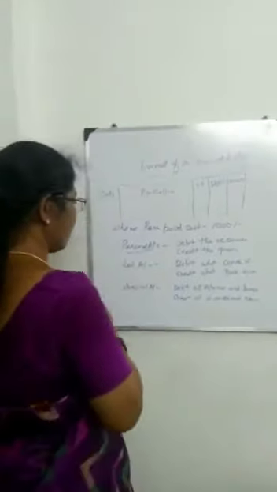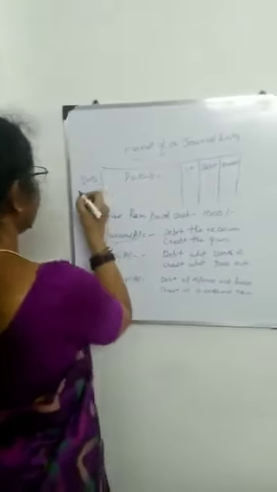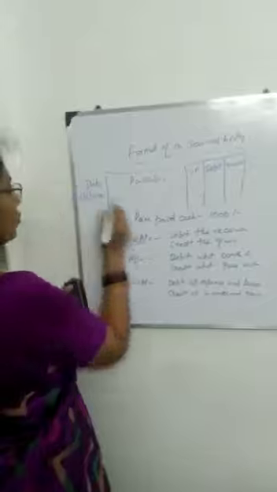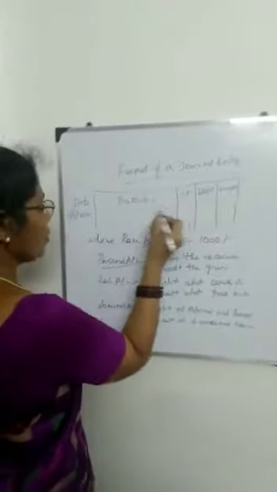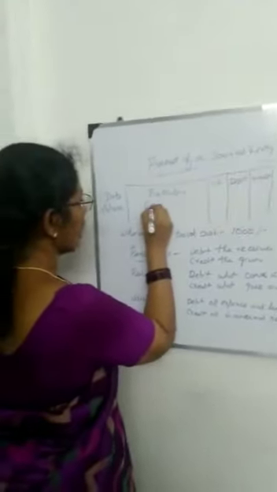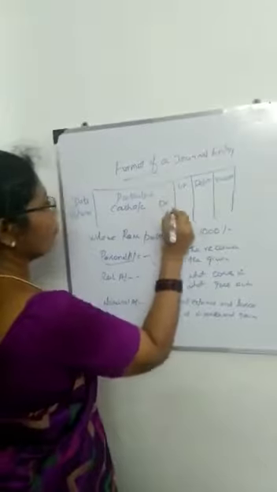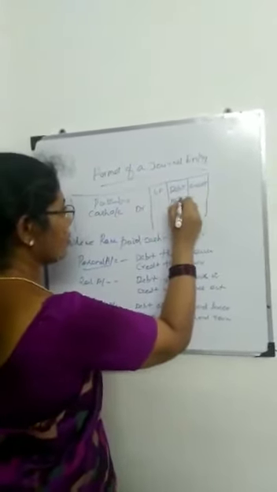Now we will see it here. Date: you will put a date, 15/6/2020, on which this transaction has taken place, for example. So cash comes in. Cash account debtor. Ledger folio whatever. Debit means here 1000 rupees.